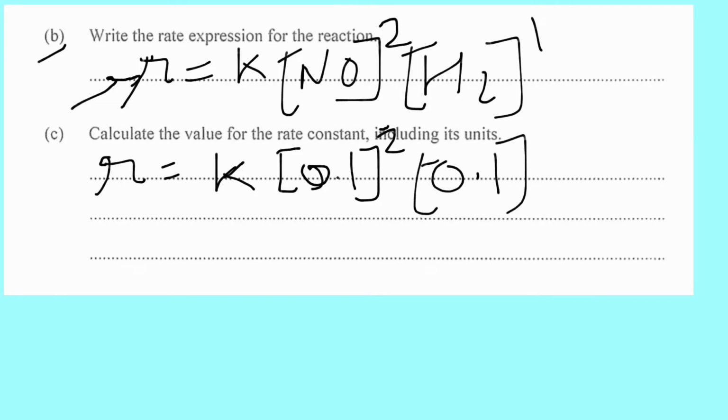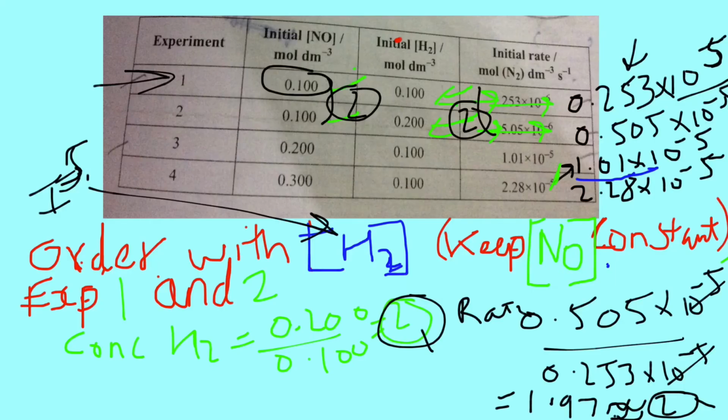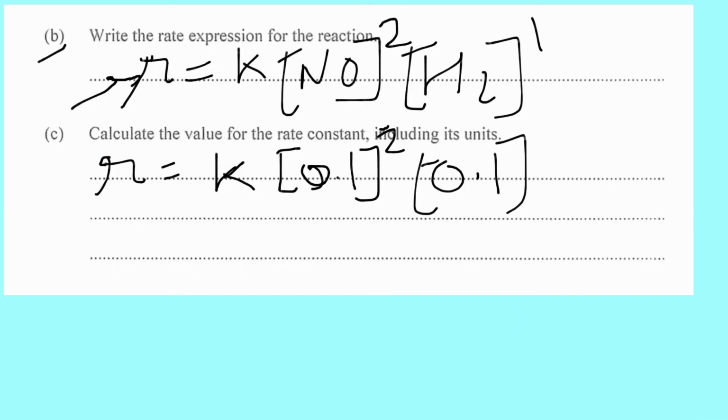Let's see the rate. It is 0.253 into 10 raised to minus 5. So we will write this value in place of the rate: 0.253 into 10 raised to minus 5 equals K. So we will solve and find the K value.